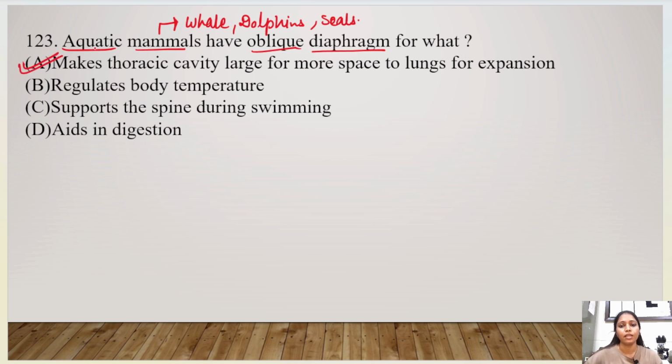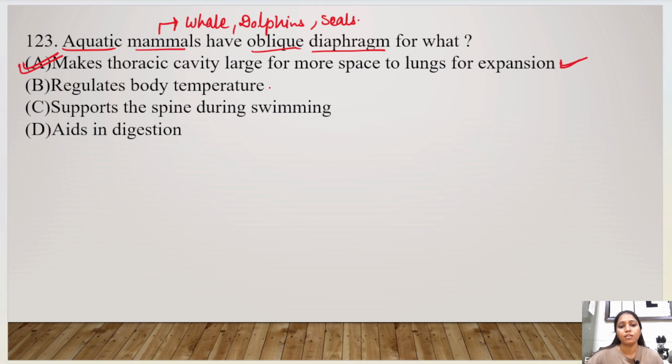This helps in lung expansion so that they can sustain prolonged dives underwater and store more oxygen, and it increases the vertical dimension of the thoracic cavity and allows greater lung expansion, which is very crucial for aquatic habitat. That's why this option is correct.